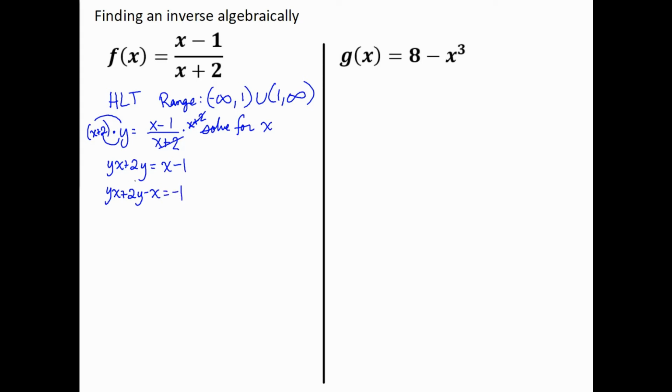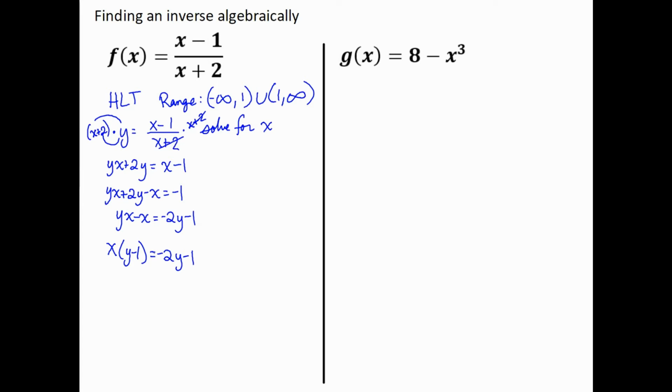You want to get all of your x values together, but if you notice this middle term here, that 2y, that has no x with it. So we have to boot it away, subtracting 2y on both sides. So now we're sitting at yx minus x equal to negative 2y minus 1. And now you're going to want to factor out an x on the left side because they both have an x in common. So we'll get x times y minus 1 equal to negative 2y minus 1.